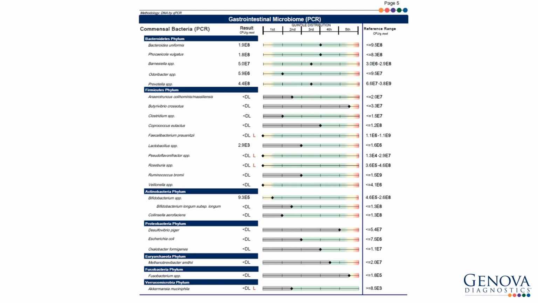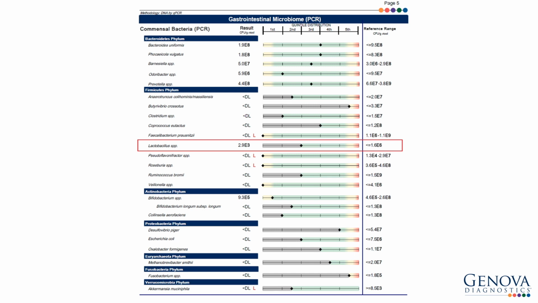A few things to point out on this page are the levels of lactobacillus and bifidobacterium, which are found in probiotic supplements and fermented foods. If we look about halfway down the page under the Firmicutes phylum, we see normal lactobacillus levels.